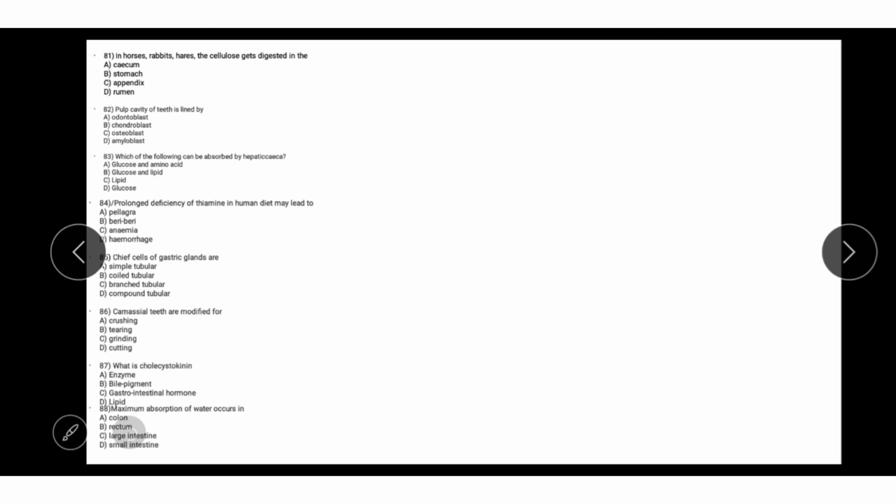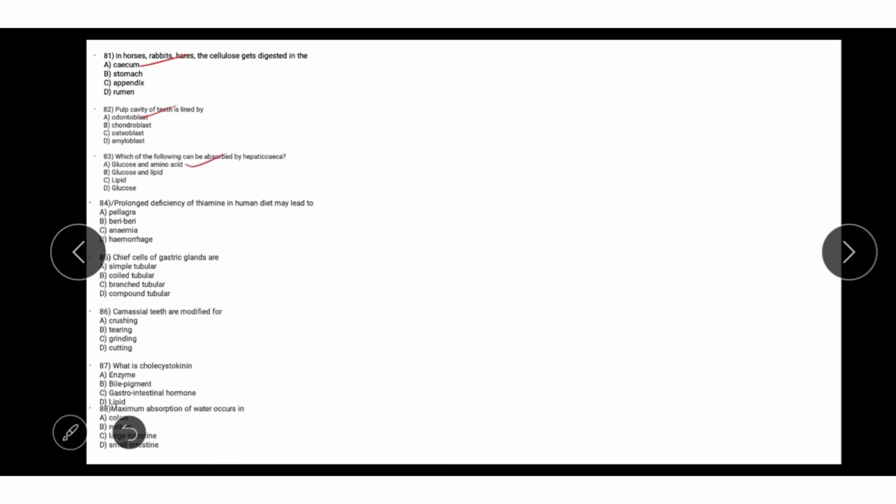In horses, rabbits, hares, the cellulose gets digested in the cecum. Pulp cavity of teeth is lined by odontoblasts. Which of the following can be absorbed by the hepatocytes?